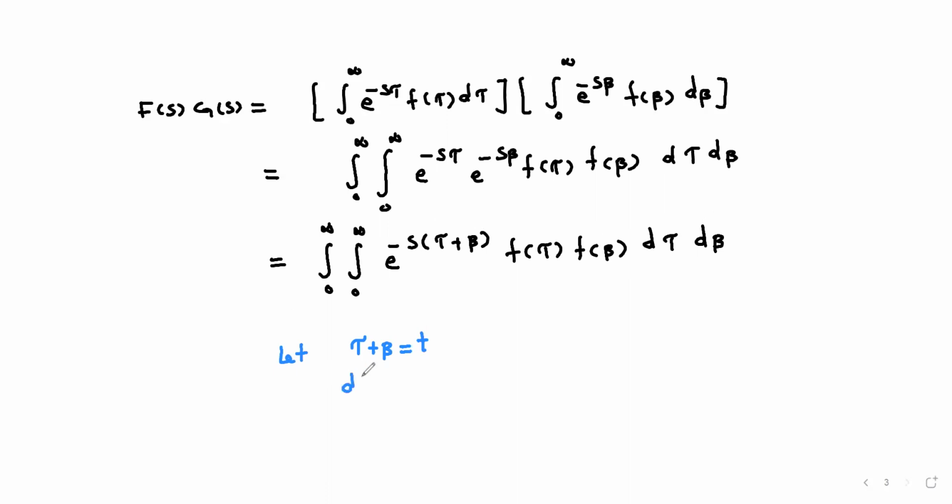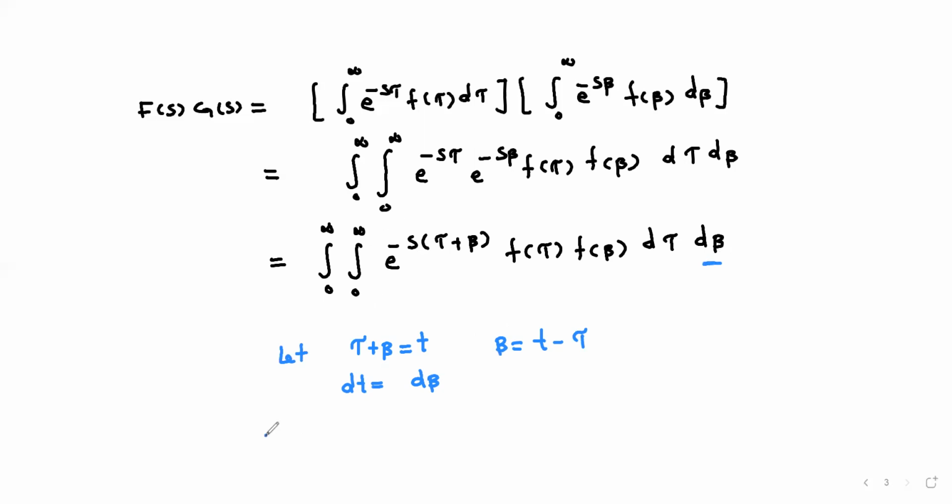It means dt is equal to, differentiating with respect to beta, d beta. It means beta is equal to t minus tau. The first thing, dt is equal to d beta. It means I want to change this d beta with dt. So d beta has limit 0 to infinity.